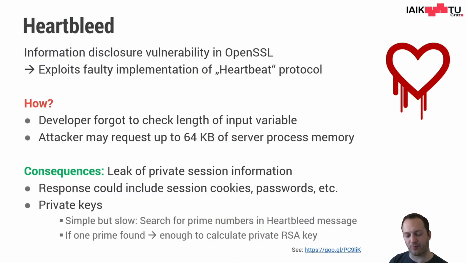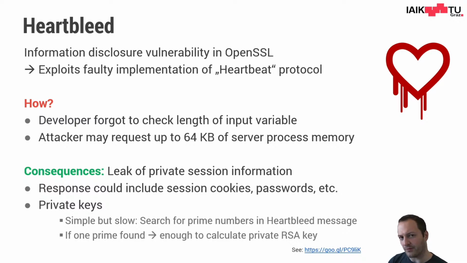And another flaw that's been explored in the media very widely is called Heartbleed. Heartbleed is a so-called information disclosure vulnerability in OpenSSL, and it was named Heartbleed because it exploits a faulty implementation of the so-called Heartbeat protocol. This Heartbeat protocol is barely used, but it was enabled by default in the so-called DTLS service.